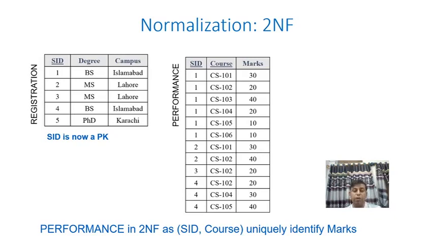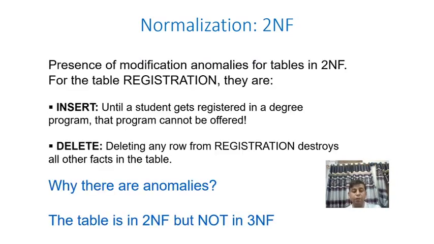Hence registration is in 2NF, and performance was already in 2NF, but there are still insert and delete anomalies. We need to eliminate these anomalies. In order to eliminate them, we must convert the registration table into 3NF.